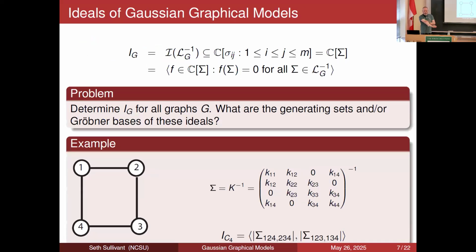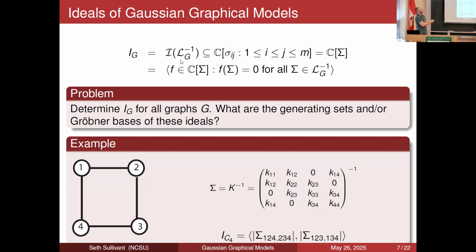Okay, so as commutative algebra people, the first thing you might ask about this model is, okay, I have this space. It's a semi-algebraic set because I'm looking in the cone of positive definite matrices, but let's not worry about that semi-algebraic structure. Let's just look at the algebraic variety that we get. So let's take the Zariski closure of this set. And so the first thing you could ask is, what is the vanishing ideal of this set? So we're going to look at the set IG.